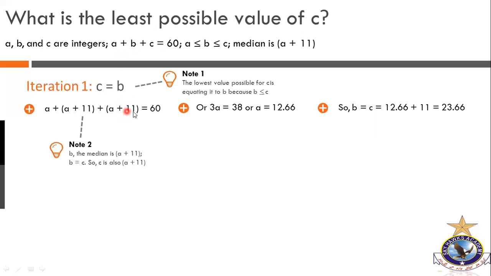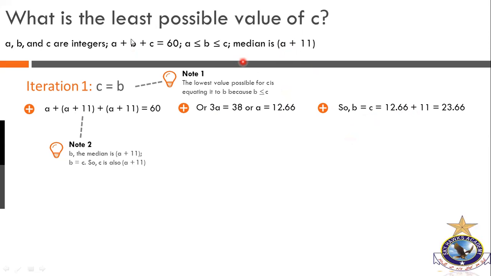So here we have A is this one. B is C, and A is this one.